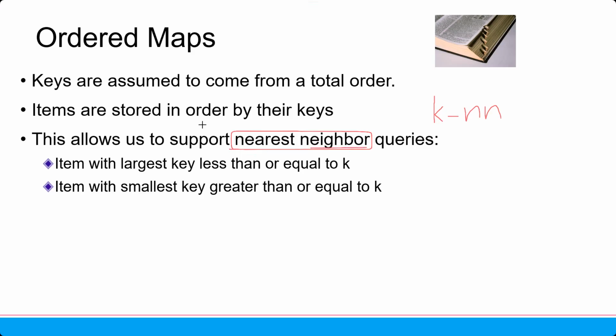That is using some kind of key. So we look for the item with the largest key less than or equal to K, and the item with the smallest key greater than or equal to K. We try to look at whether it is the largest or the smallest.